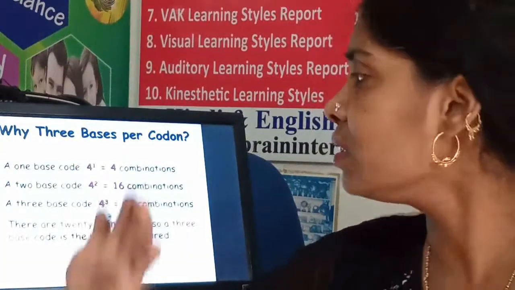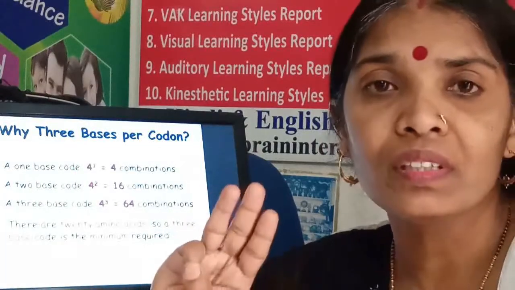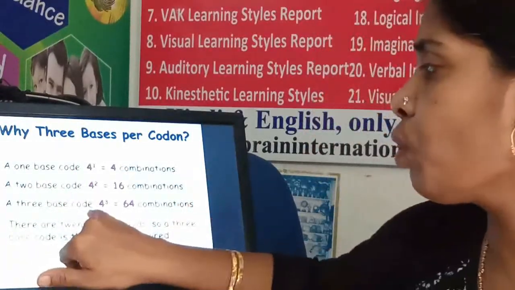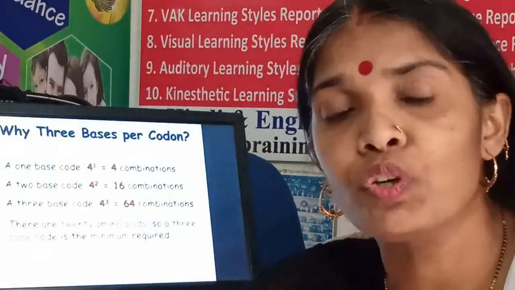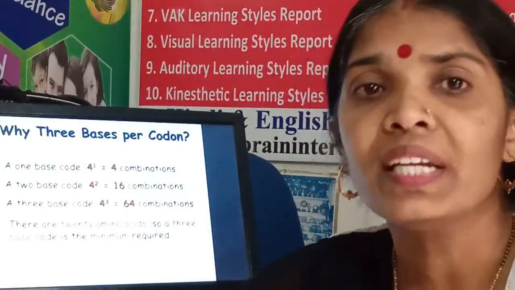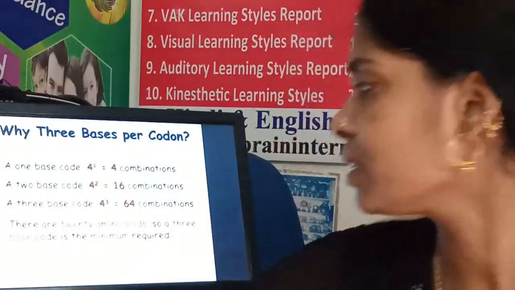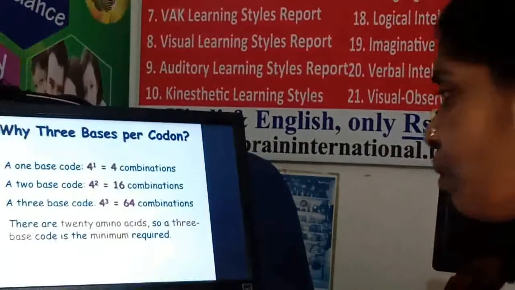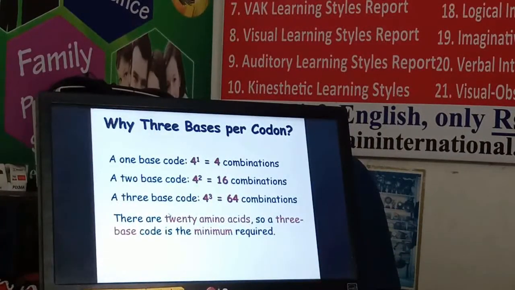So George Gamow proposed that the codon is a 3 base code. Three successive nucleotides coming together will code for any one type of amino acid, which is more than enough for coding 20 types of amino acids.